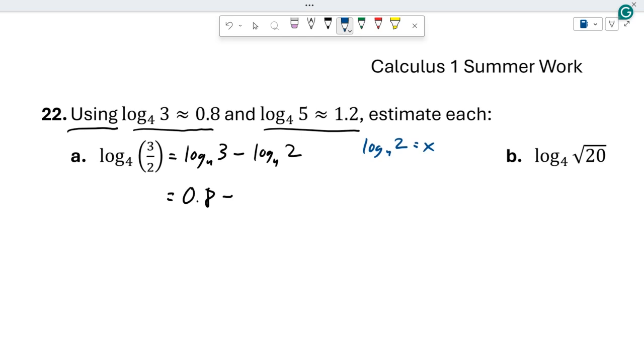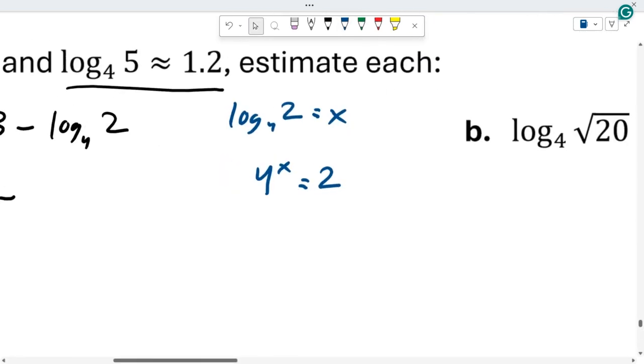Notice that if I take this logarithmic form and convert it into exponential form, my base is 4. The exponent is the result of the logarithm, so that's x. And then this equals what's being fed into the logarithm, which is 2. These are mathematically equivalent statements.